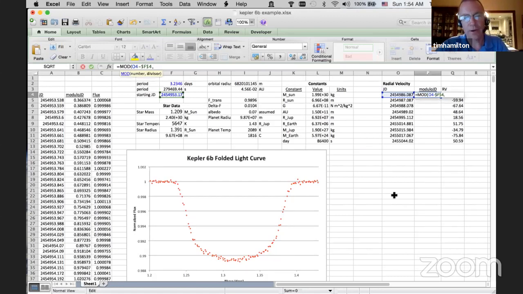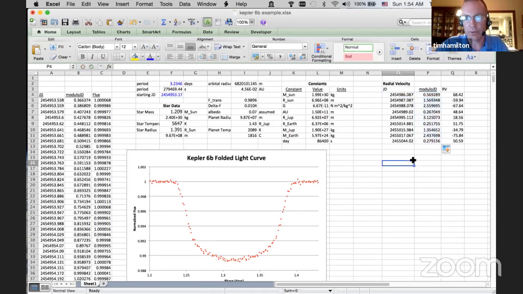And then we divide by, and as Priya helpfully reminded me, we're dividing by the period in days, not by the flux. I actually made that mistake twice today, once when I was preparing for this, and I corrected myself then. Okay, so again, for Topcat, this is a separate table. Now we're going to make a plot, a scatter plot of the modulo Julian date and the radial velocity.